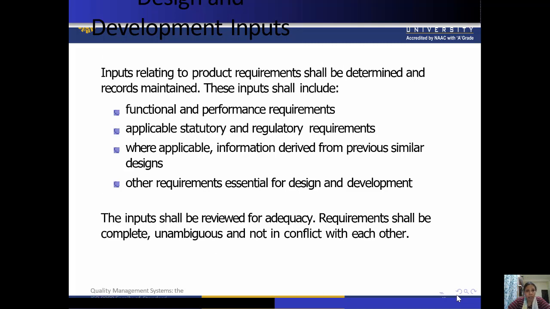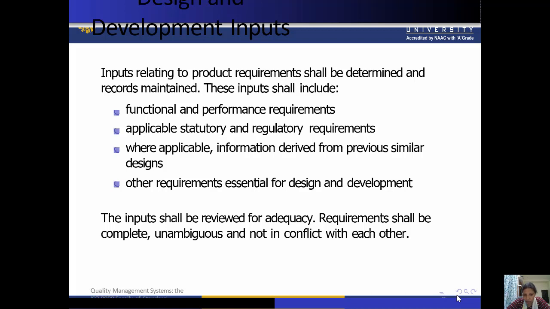Now, design and development inputs relating to the product requirements shall be determined and records maintained. These inputs shall include the functional and performance requirements, applicable statutory and regulatory requirements, where applicable information derived from previous similar designs, and other requirements essential for design and development.